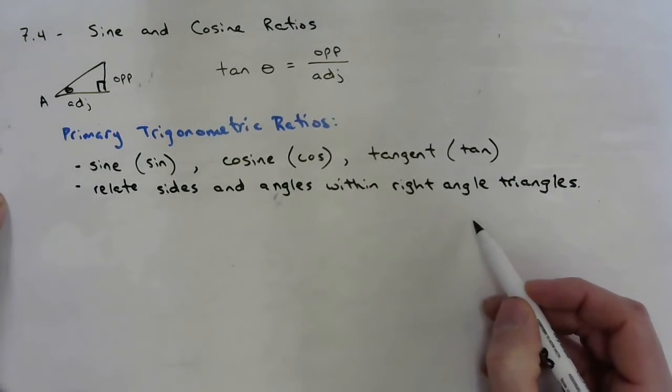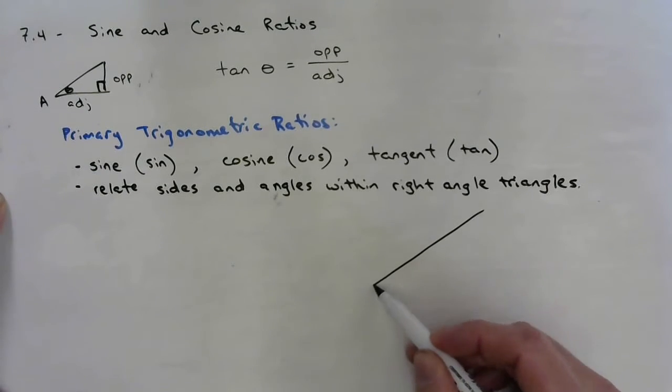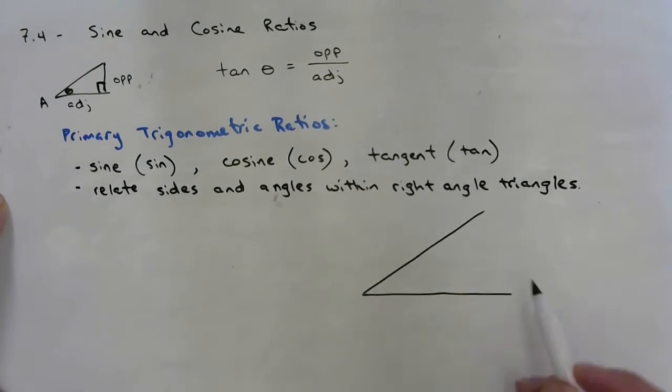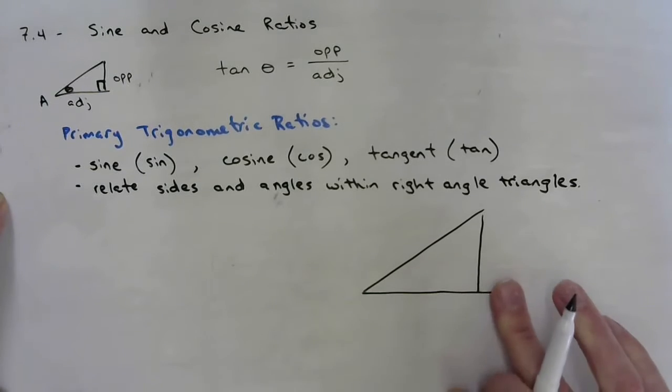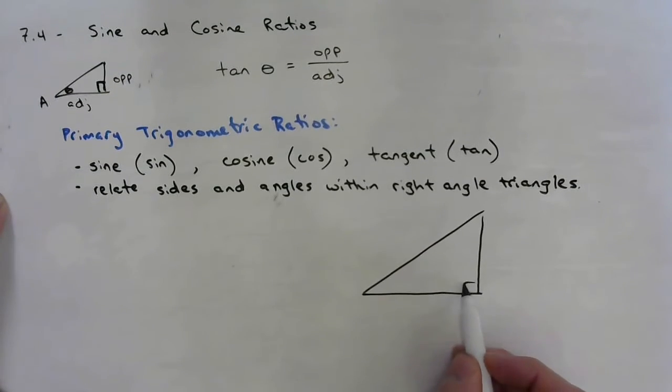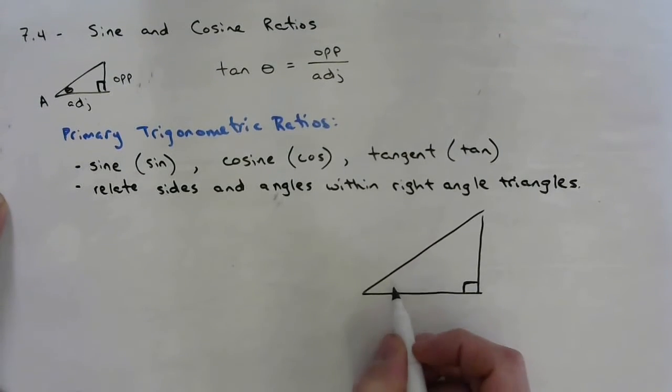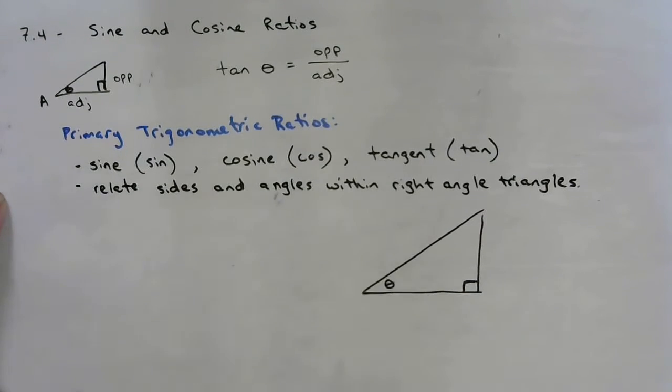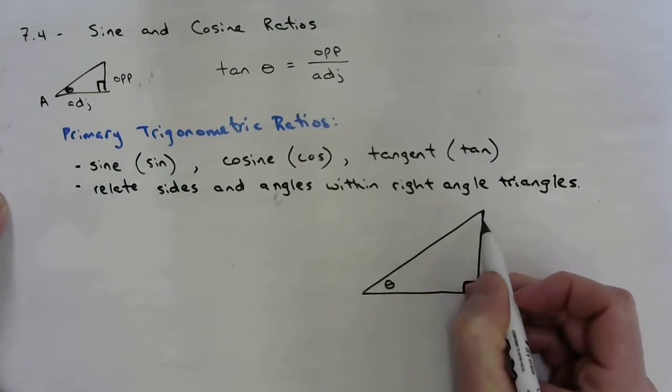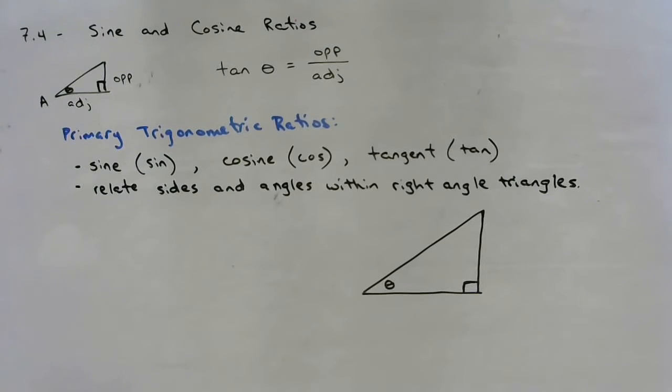Well, let me draw a triangle over here. Okay, here's our right angle triangle. I'm going to call this angle theta, and we're going to do all of our trig ratios from that angle.